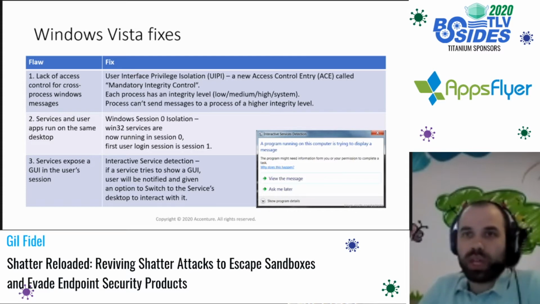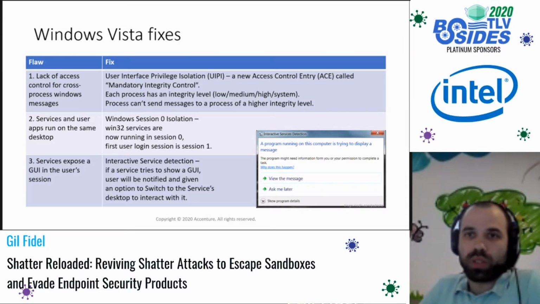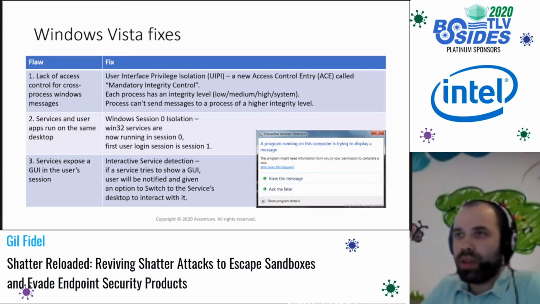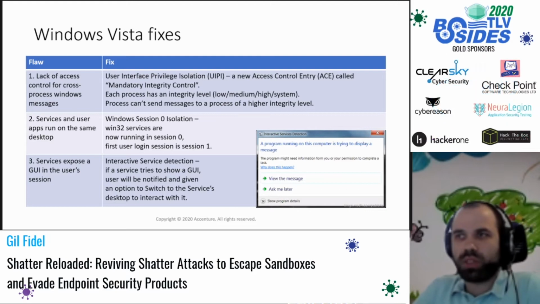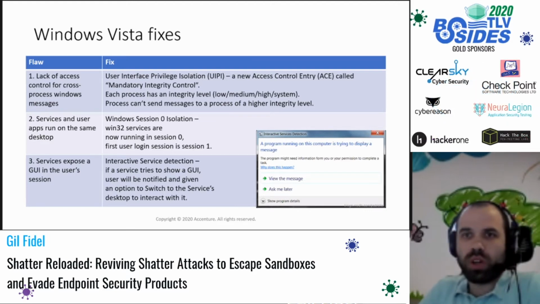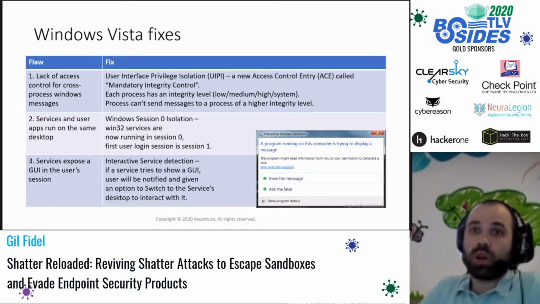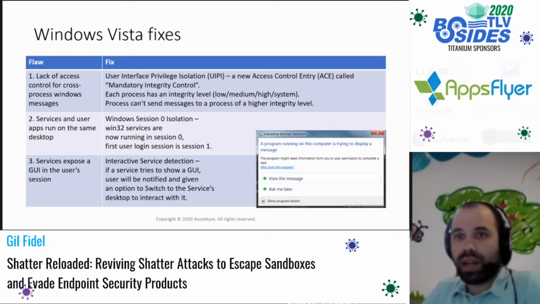High was used for elevated ones. And low was used, for example, for the Internet Explorer renderer process that we wanted to run with even lower privileges than the normal processes. And what this new mechanism would actually do is that you could no longer send Windows messages from low integrity level processes to high integrity level processes.